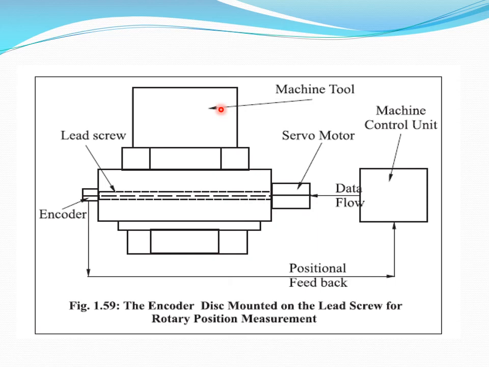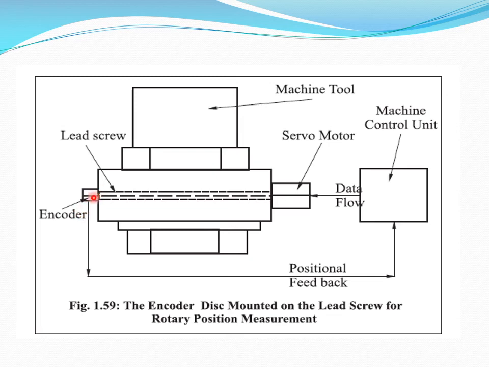You have to ensure that whatever command you have sent out, the required movement has been achieved. For checking that, you are using the encoder, getting a feedback. Once you make the servo motor rotate and move the tool axis, to ensure that the required movement is achieved, you are using an encoder.